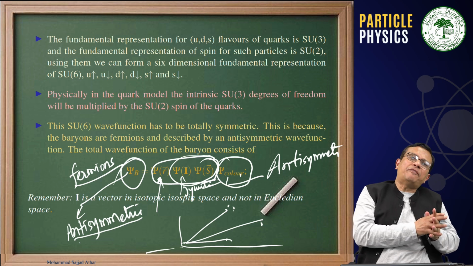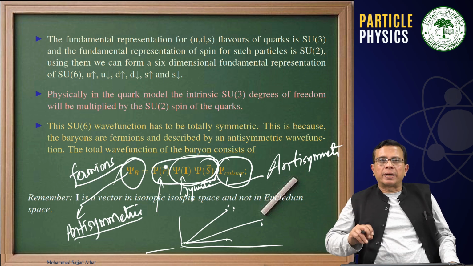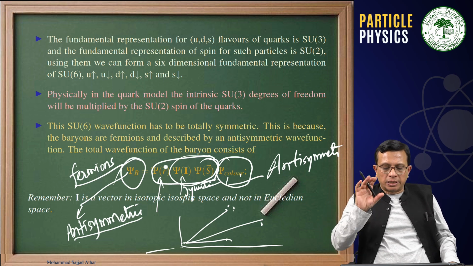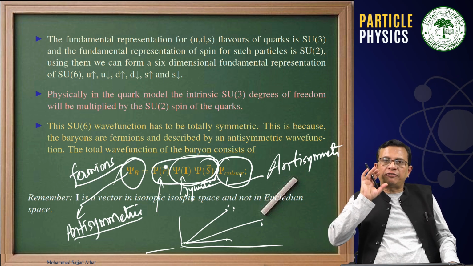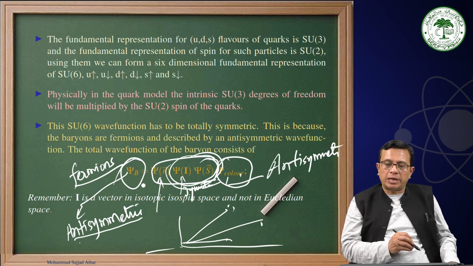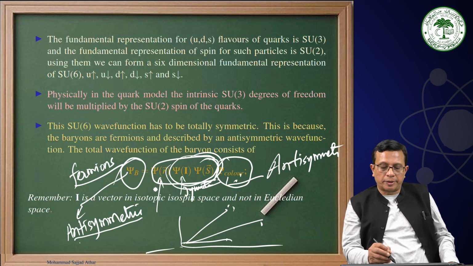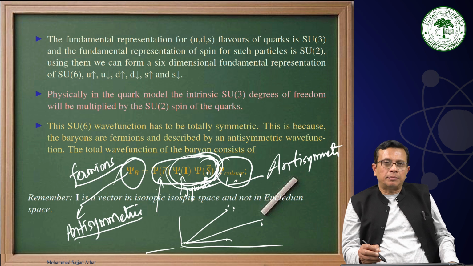Since the total wave function has to be antisymmetric, psi isotopic spin and psi spin, together they have to be symmetric. This is antisymmetric, this is by construction symmetric, and then only, that means this symmetric part we can get from a symmetric and symmetric component, or an antisymmetric and antisymmetric component.